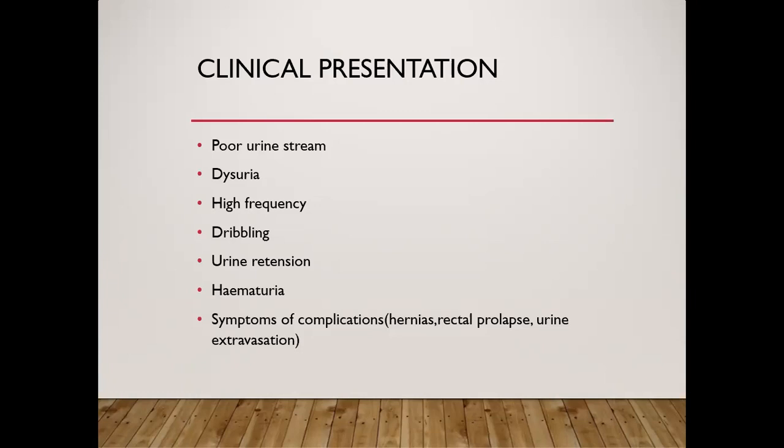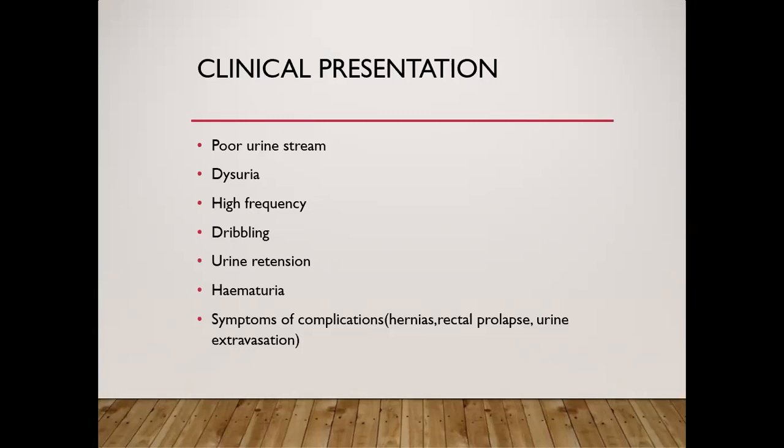So they can have urine retention, and this is one of the common presentations in our setting. Patients present late, they wait until they get into retention. The patients may also have hematuria from infection in the bladder and the urethra. And also, you can have symptoms related to the complications.